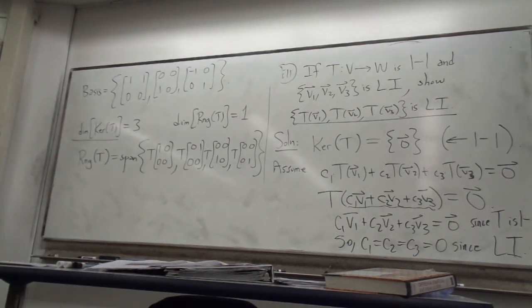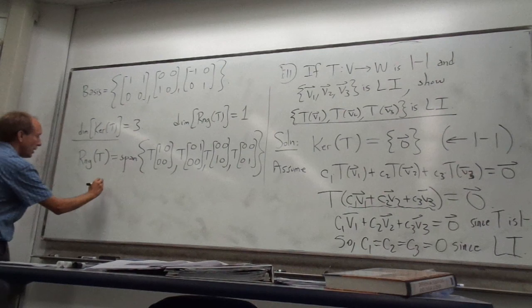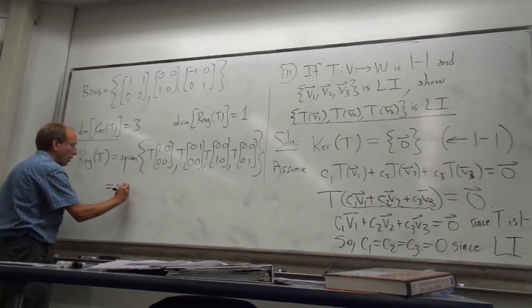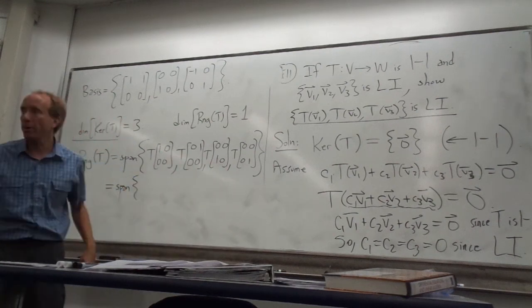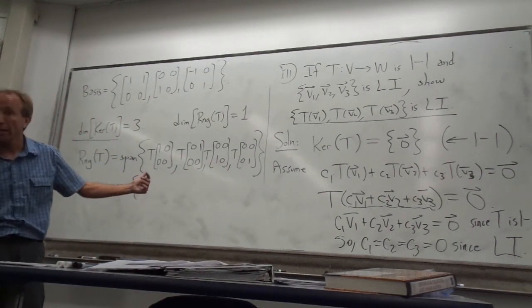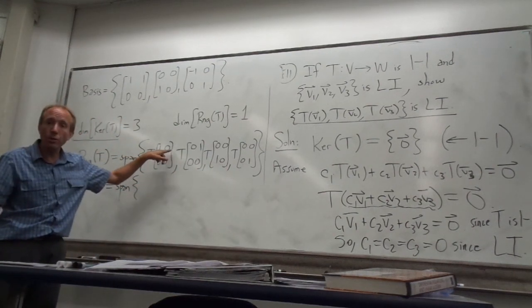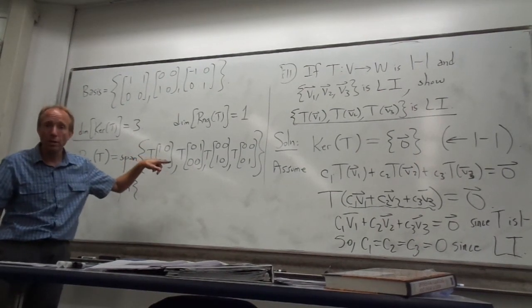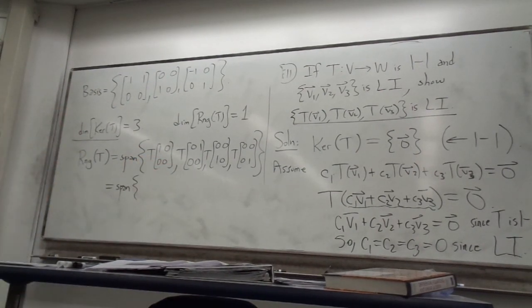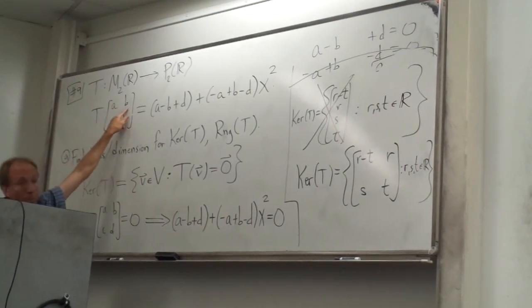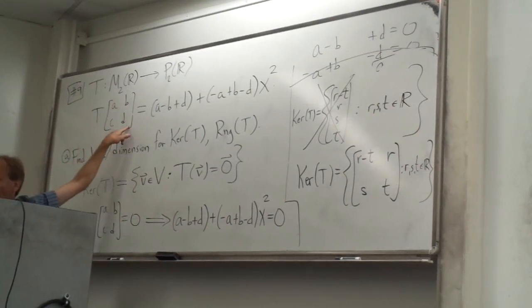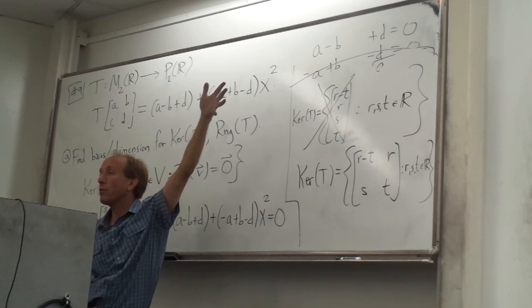Make some sense? Okay. And then you've got to evaluate all of these things, and I will be honest, sometimes this is not easy for everybody, so I just want to go through it carefully. To do T of 1, 0, 0, 0, I'm just going to put in 1 for A, 0 for B, 0 for C, and 0 for D, and see what it gives me on the other side.